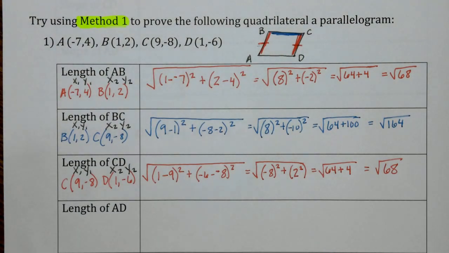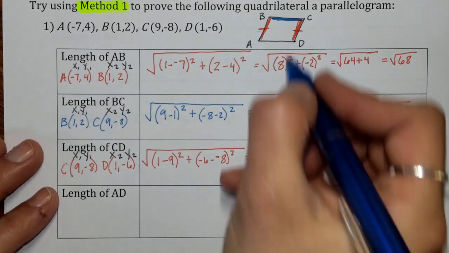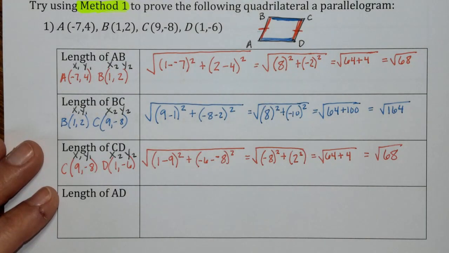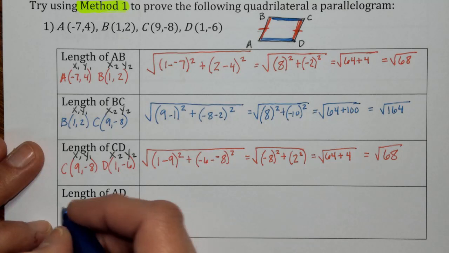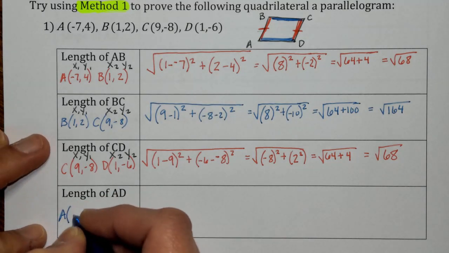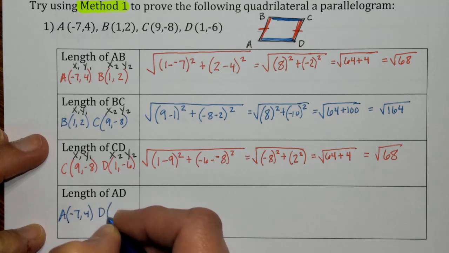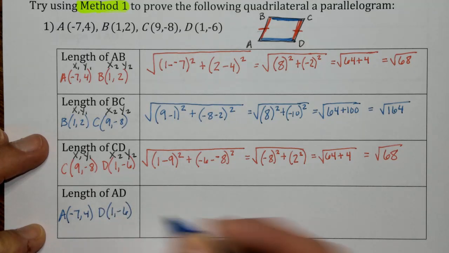All right. Let's check out side AD to make sure, because if this is not congruent to BC, we do not have a parallelogram. Even one off makes it not a parallelogram. So here's side A, which was negative 7, 4, and D, 1, negative 6.